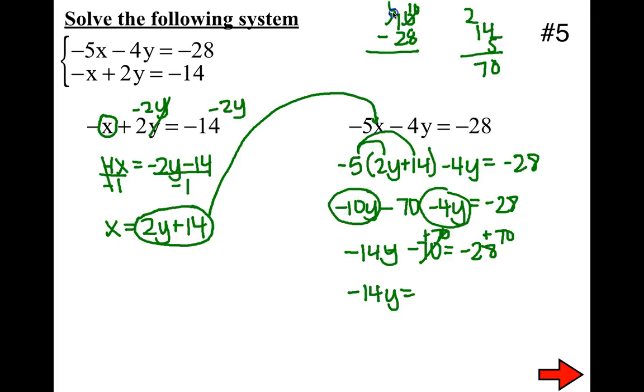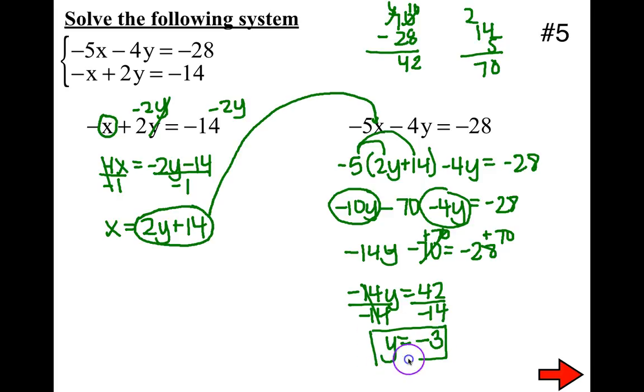There's going to be 42 more positives. Last but not least, we're going to divide both sides by negative 14, which leaves me with y equals negative 3.